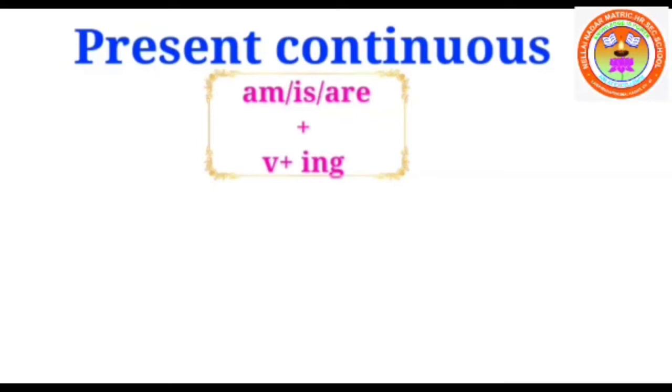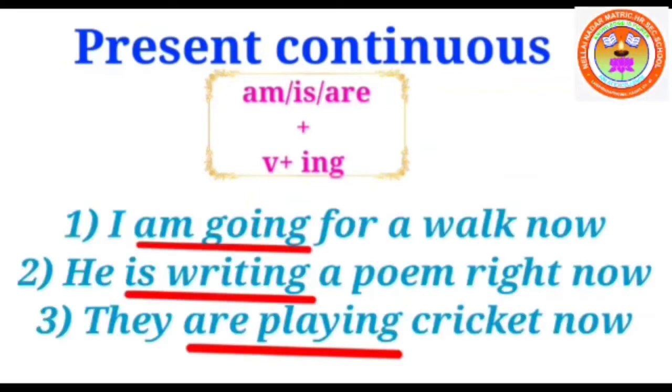Obviously the ing verb form will indicate continuous. So for present am, is, are, for continuous ing. So we can easily get present continuous. Look at the example. I am going for a walk now.